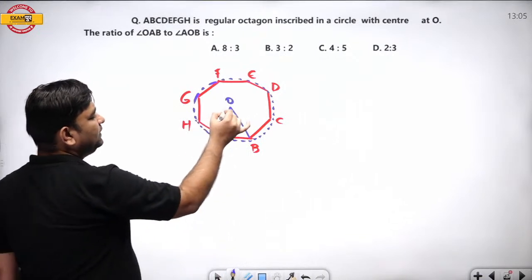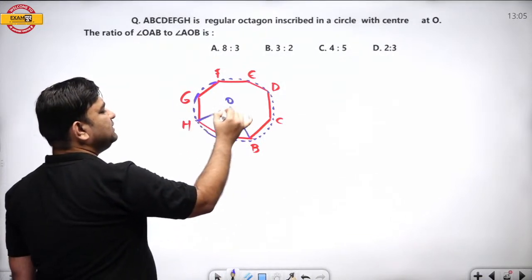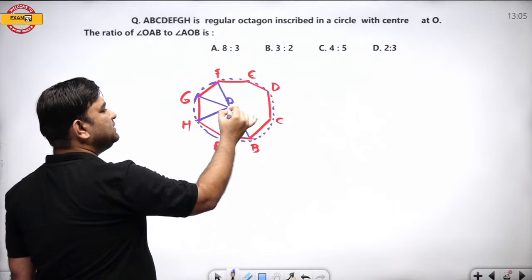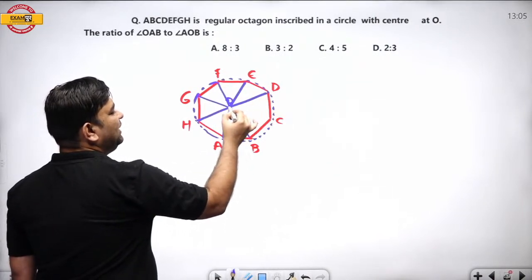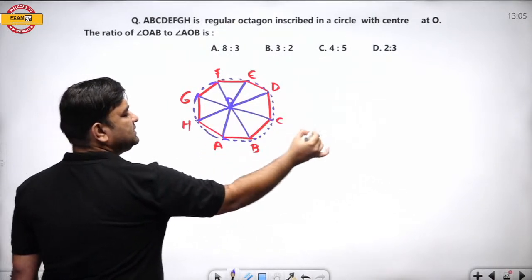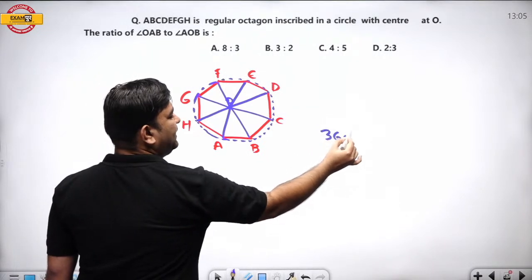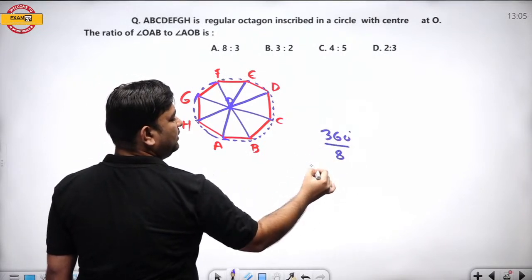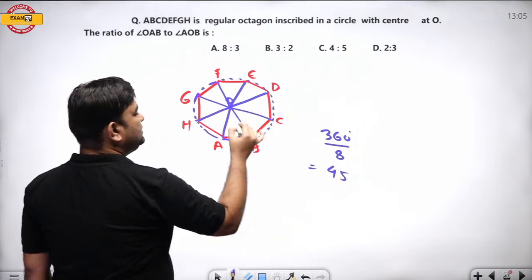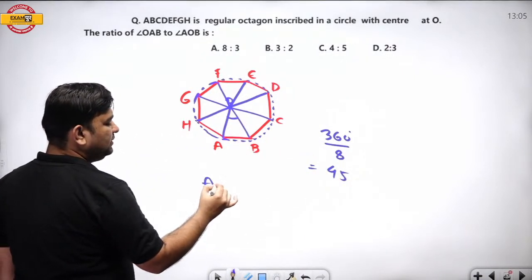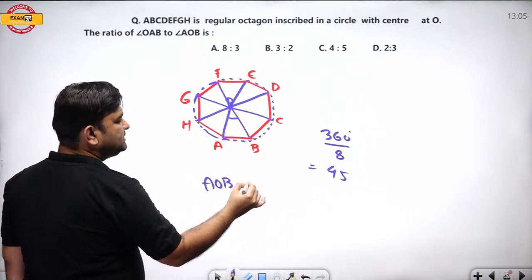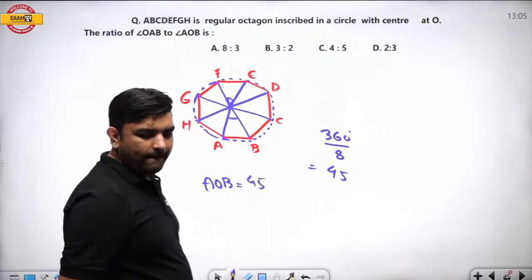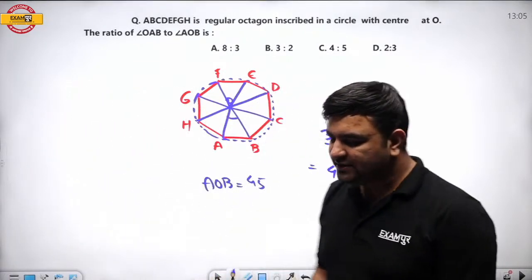Guys, central angle is divided into 8 equal parts. So 360 divided by 8 is 45. So angle AOB is 45.